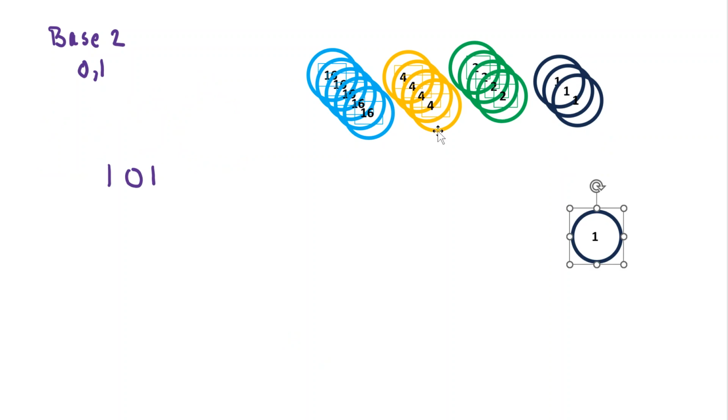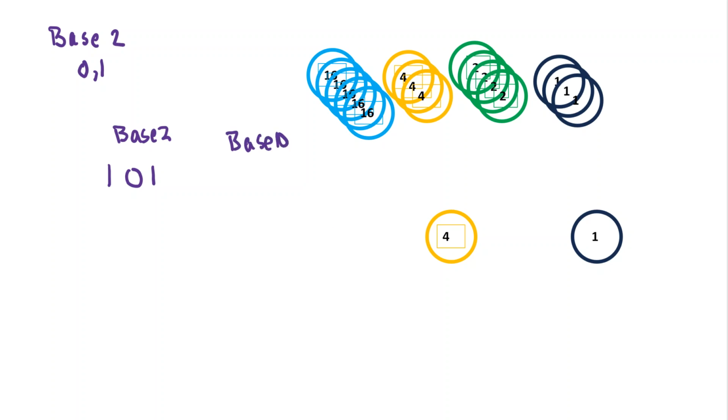I don't have any 2s, and I have 1 in the next place, which is a 4. So 101 in base 2, let me write a column here, and another one for base 10. 101 would be 5 in base 10.